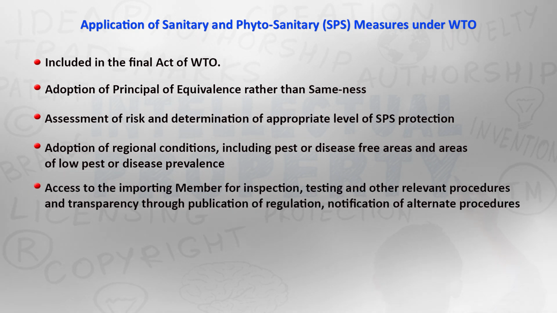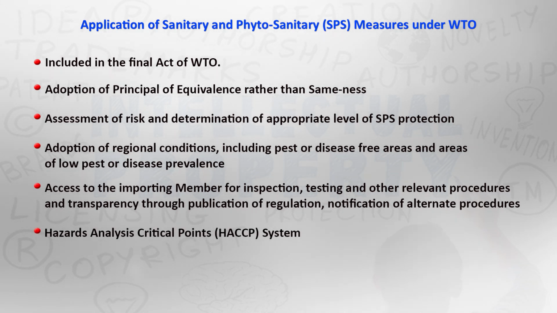The importing country needs to provide access for inspection, testing and relevant procedures, and transparency through publication of regulations and notification of alternative procedures. We also need to develop a hazard analysis critical control point (HACCP) system to protect against SPS issues.